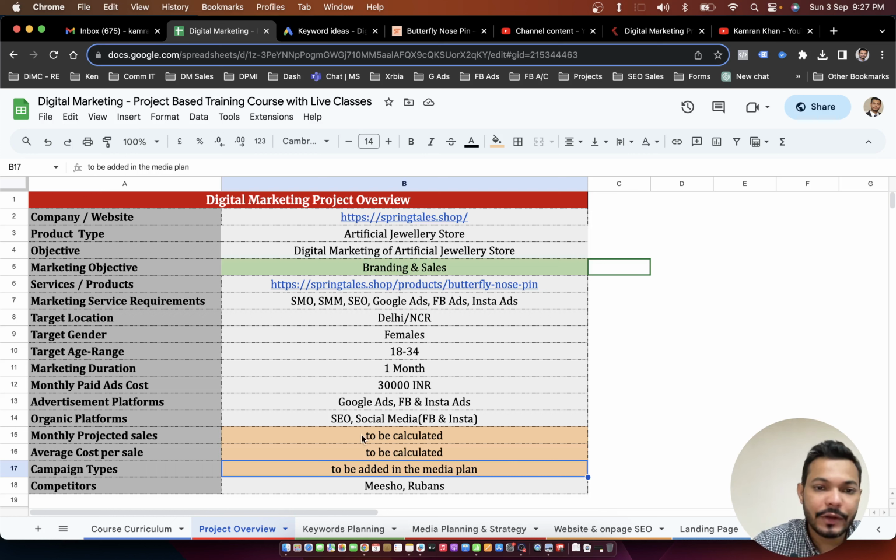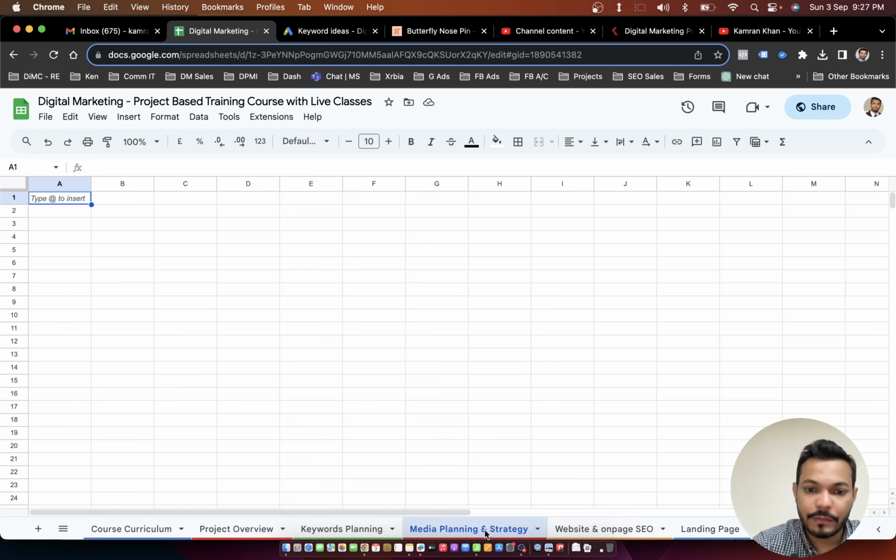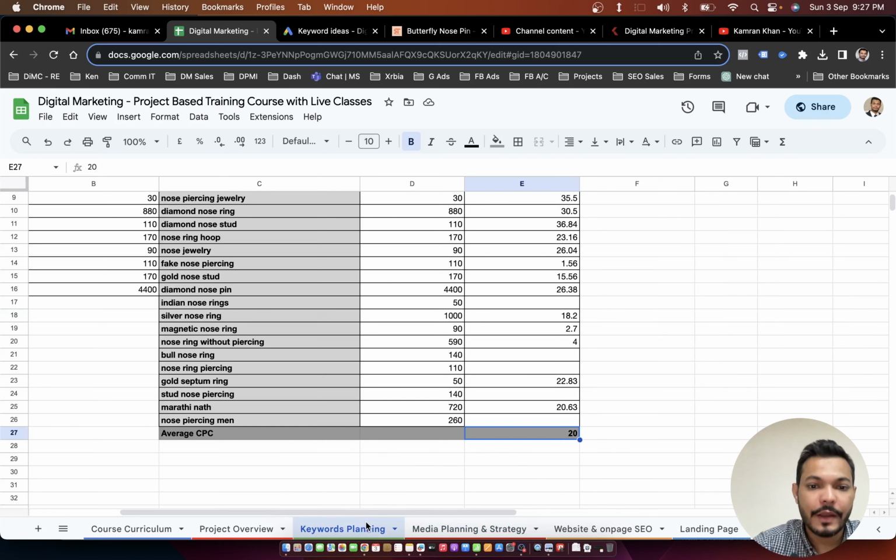Additionally, we will find out the monthly projected sales, how many sales we will generate while spending 30,000 rupees on the marketing activity, and the projected cost per sale. These are the things we'll talk about in the next sheet, in the next training module, which is going to be the media planning and strategy module.